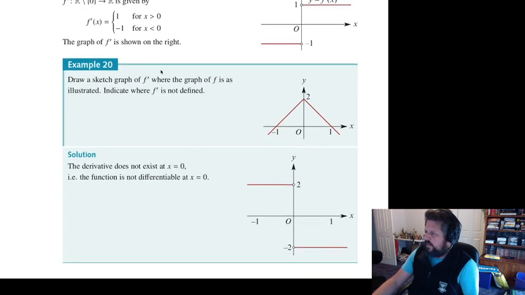So here it says draw a sketch of the graph f dash where the graph of f is as illustrated. Indicate where f dash is not defined, so where the derivative is not defined. So again, you should be able to see that there's a very sharp point at x equals 0. You can't differentiate at that particular point because it's too sharp.